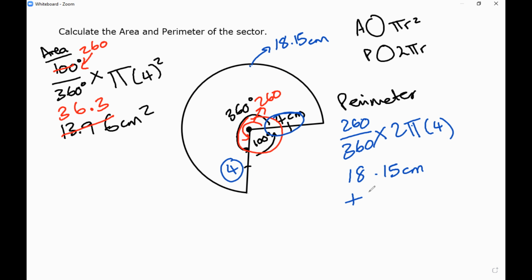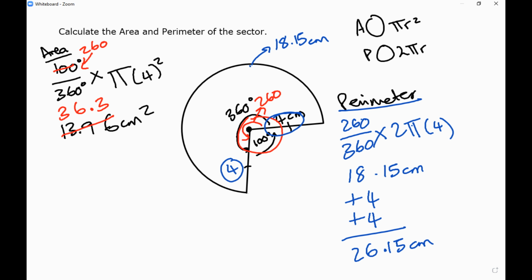So we plus 4, plus 8, comes to 26.15 centimeters, the perimeter of the entire shape.